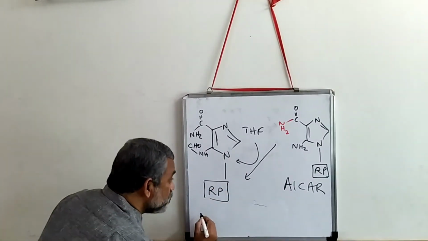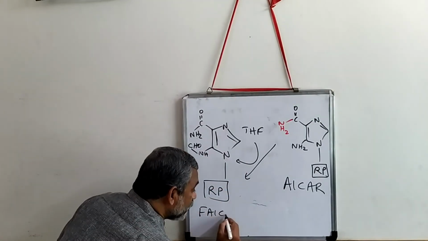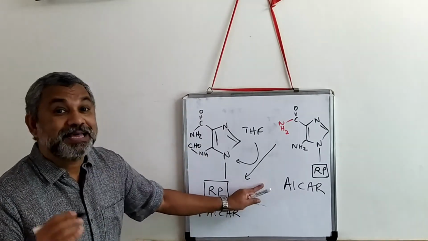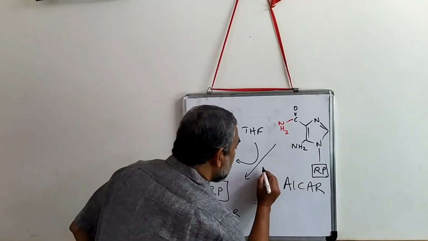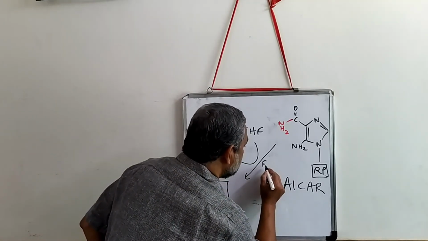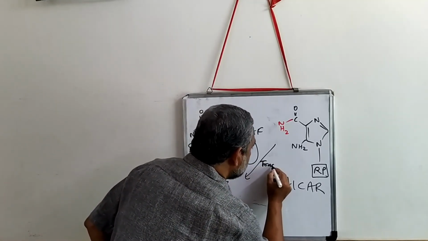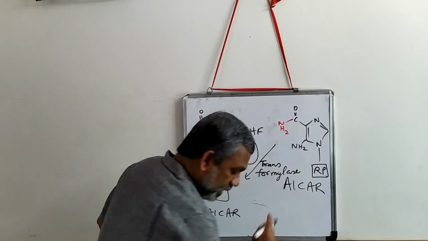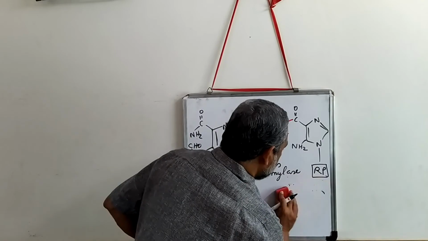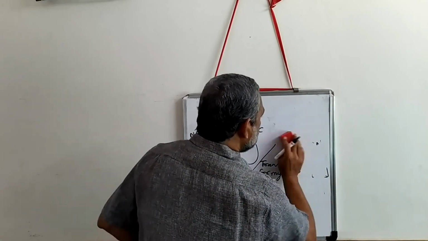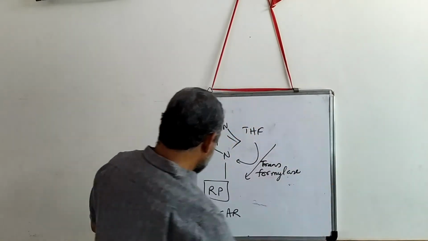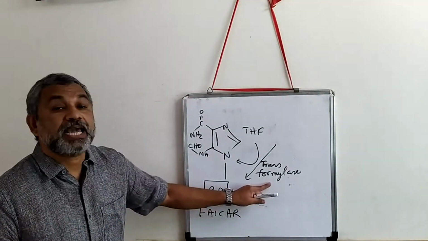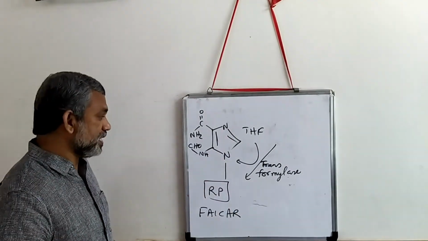This results in formation of a product called FAICAR and is catalyzed by an enzyme, transformylase. So let us rub all that is not needed anymore. What we have done is we have a product that is FAICAR with the help of an enzyme transformylase.